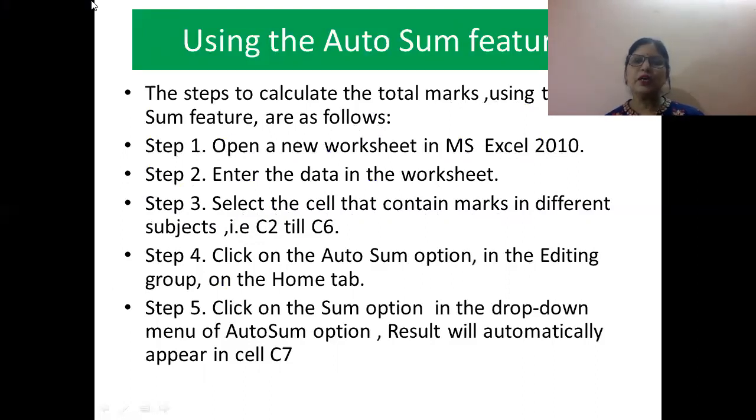Step 4, click on the AutoSum option in the Editing group on the Home tab. Step 5, click on the Sum option in the drop-down menu of AutoSum. The result will automatically appear in C7. If you enter marks in C2 to C6 and use AutoSum, the total marks appear automatically in C7.